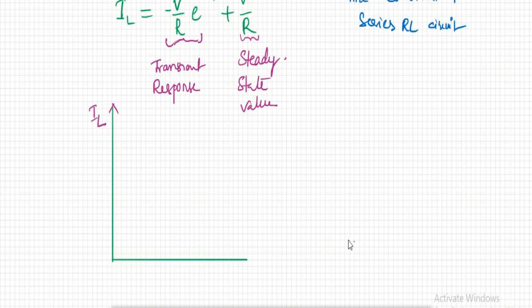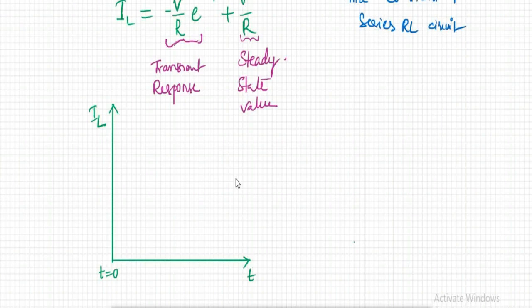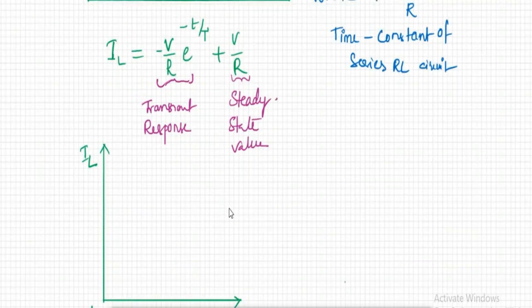So we are going to see IL versus T. At t equal to 0, there was no inductor current.